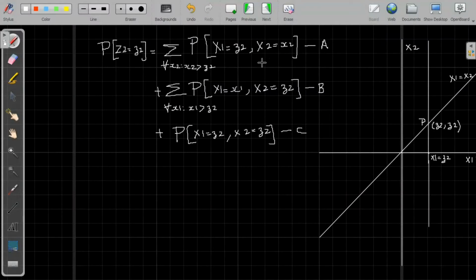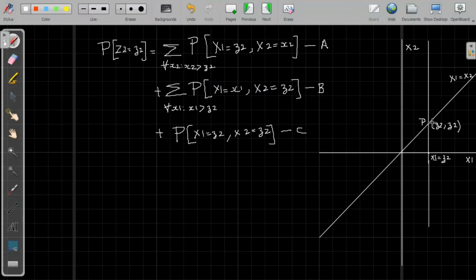So x1 is equal to z2 means that the point can lie anywhere on this x1 is equal to z2 line. Now let's see what this condition, x2 is greater than z2, means. On this line, exactly at point P, x2 has value z2, and above this point P on this line its value is greater than z2.